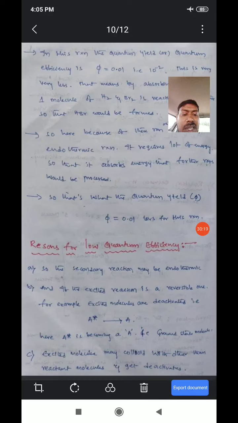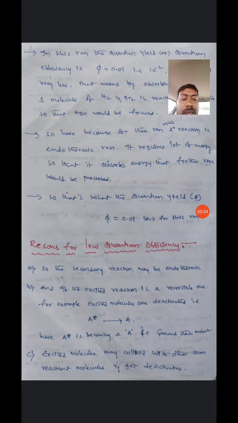For example, the excited molecules are deactivated. That is, here A star is an excited molecule, and this excited molecule loses light energy and forms A. So here A star is becoming A, that is, the ground state molecule.